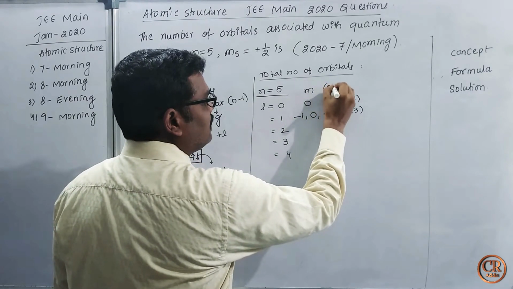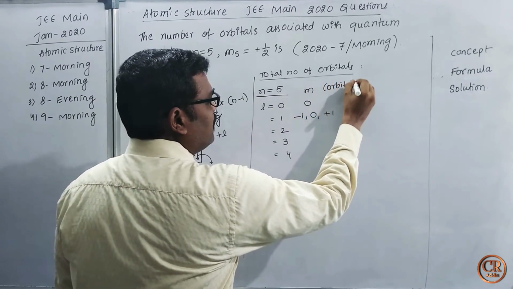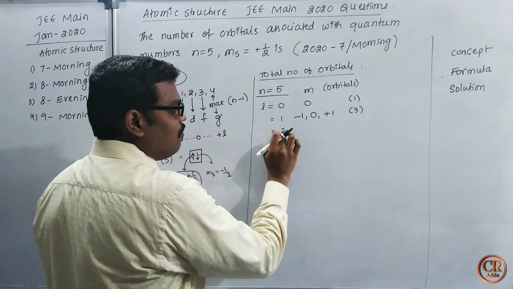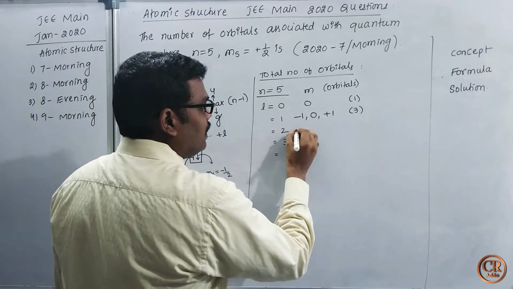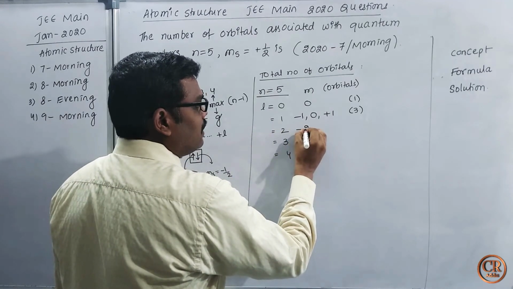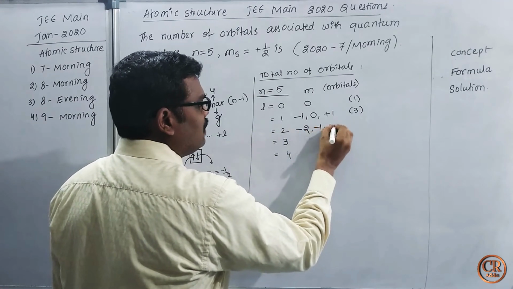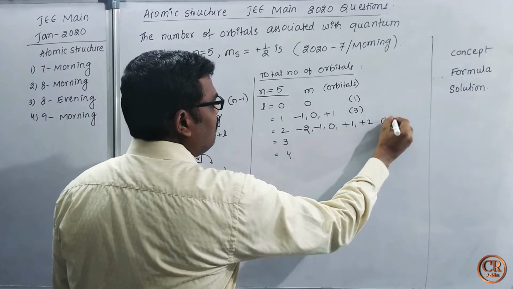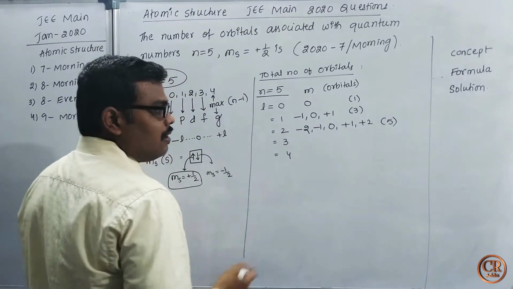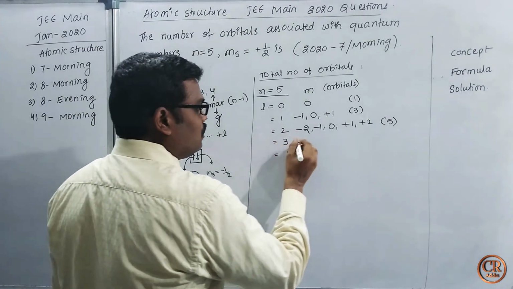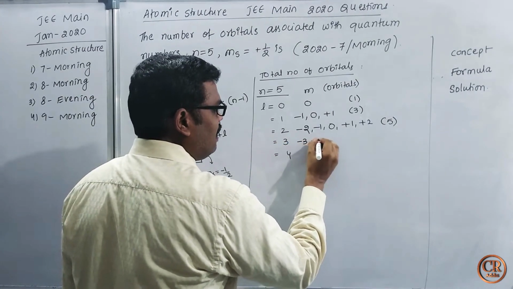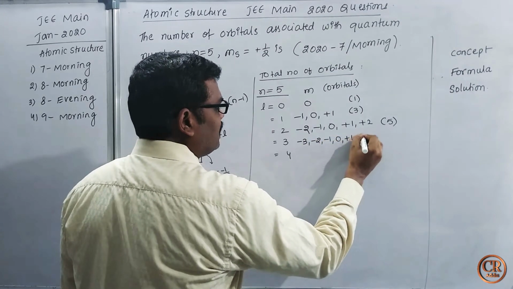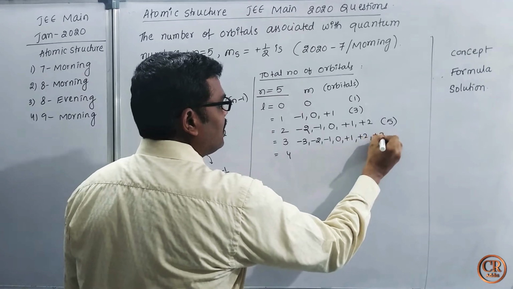So from this you can say the number of orbitals from the total number of M values. Now if L is equal to 2, then M values are -2, -1, 0, +1 and +2. Total M values are 5. Now if you take L is equal to 3, M values are -3, -2, -1, 0, +1, +2, +3.